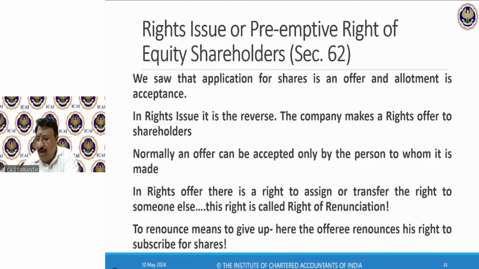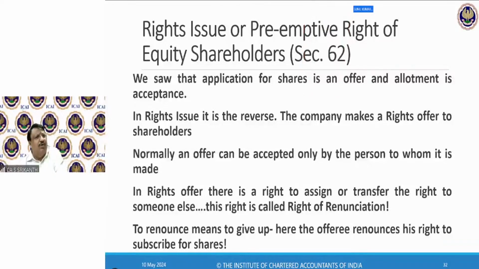For example, when I received an offer for right shares in Reliance, at that time, the number crunching was such that it was actually favorable for me to sell the right itself. The right itself was being sold at 300 or 350 or 370 rupees. If I sell the right and I buy the share in the open market, the price was such that I got a lower price than the rights offer.